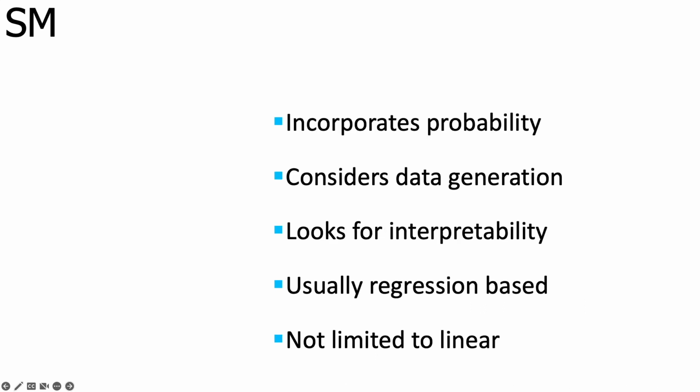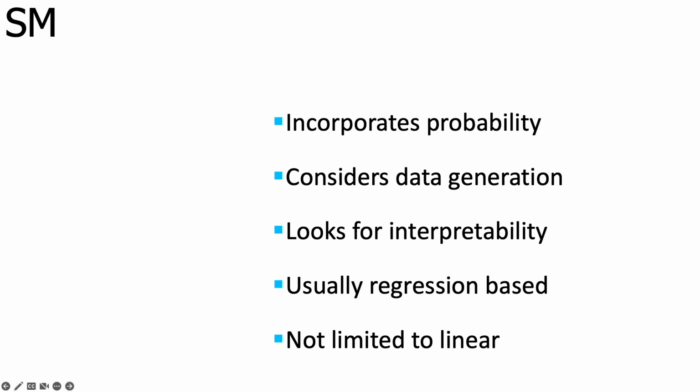So, to sum up a bit, statistical modeling, first of all, incorporates probability, which makes sense because they're statistical models. Statistical models do not work on data itself. They work on the entire data generating process.